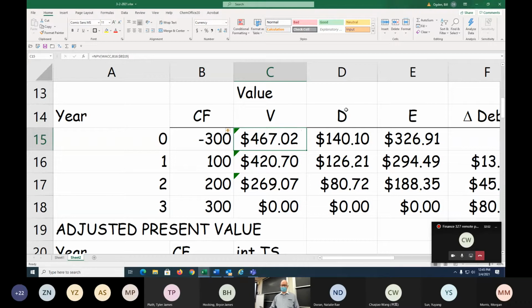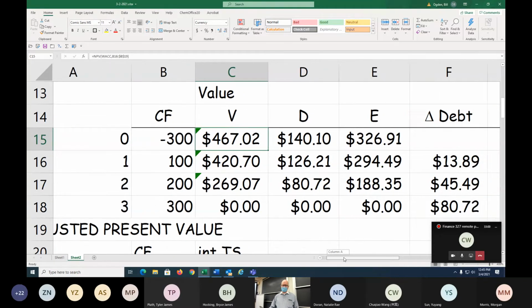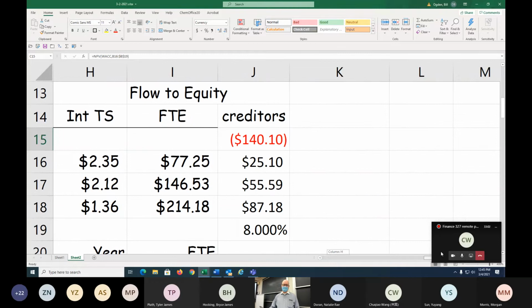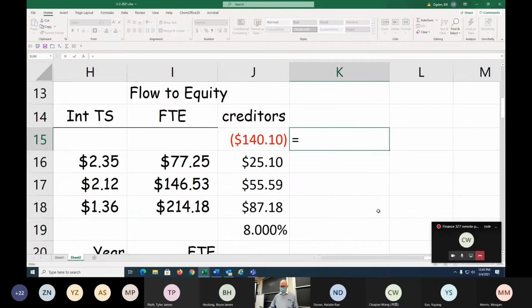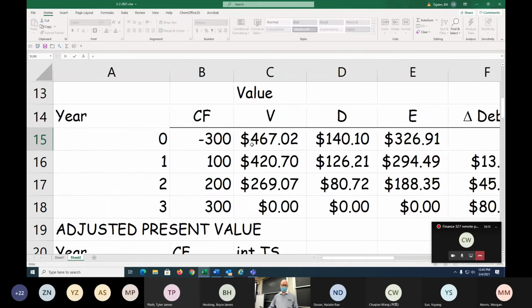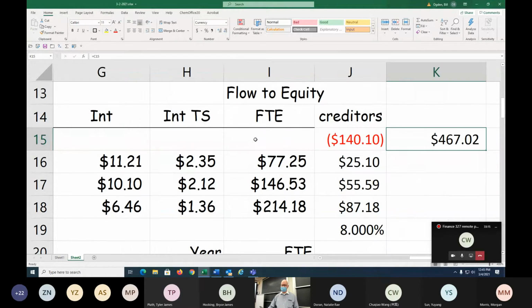So just like the creditor position is worth 140.10, let's see what happened to the project itself. So what if the project itself was worth, has a market value of 467.02.